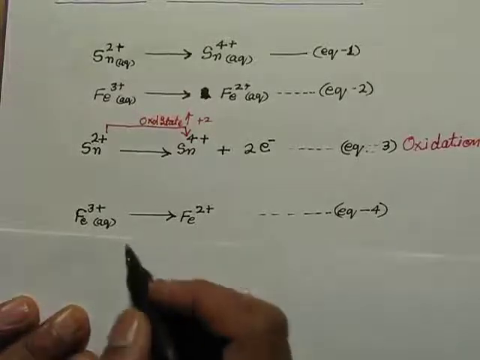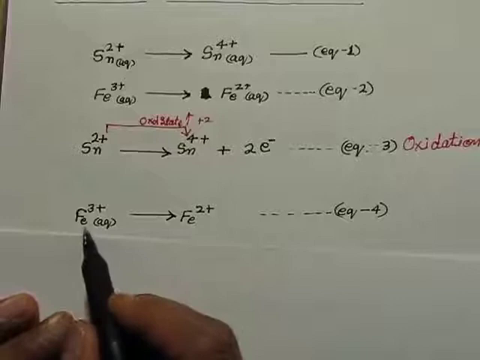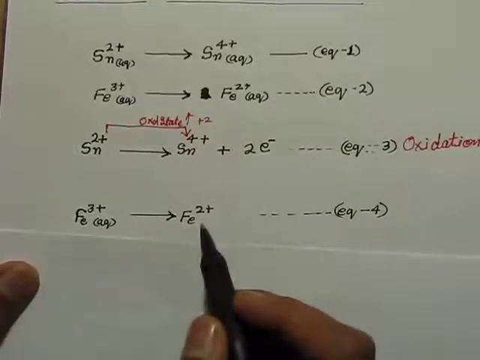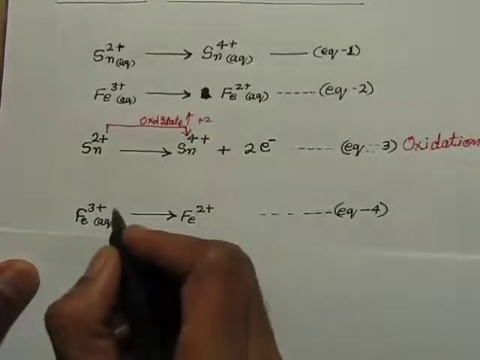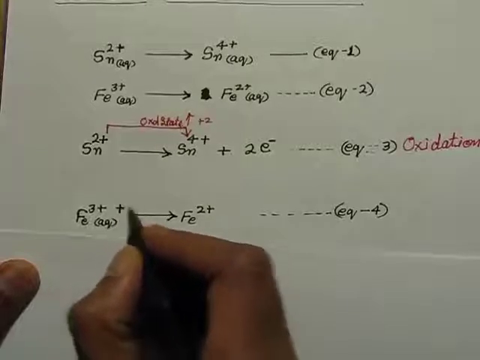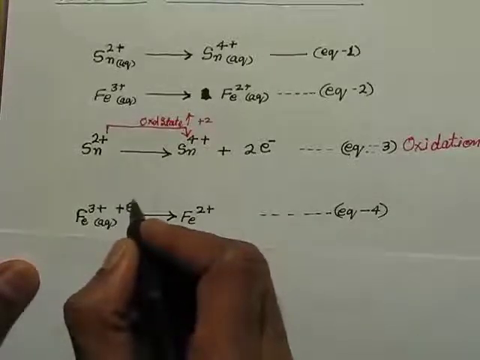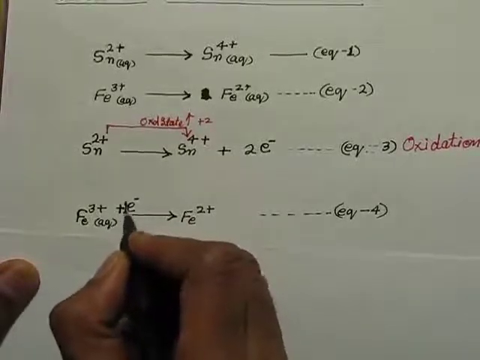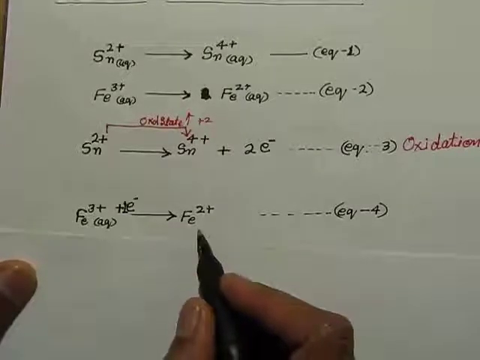you can see iron 3+ is going to be 2+. It means it requires 1 electron. It will accept 1 electron, then it changes to iron 2+.